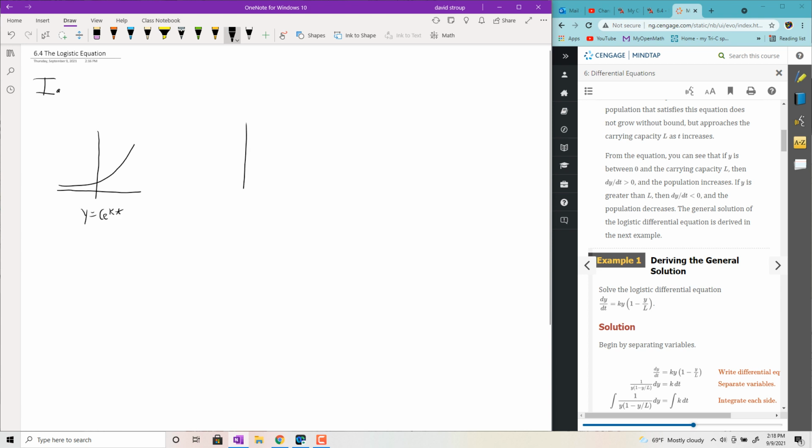Now we're going to have kind of beginning exponential growth, but then it'll have an inflection point and then level off at some number which we'll designate as L. Okay, so it'll sort of level off there.